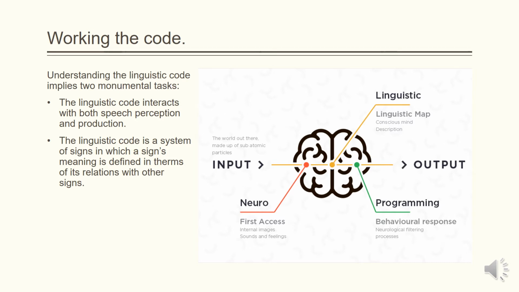Understanding the code implies, as it says here in the slide, two enormous, monumental tasks. The linguistic code interacts with both speech perception and production. And the linguistic code is a system of signs in which a sign's meaning is defined in terms of its relations with other signs.